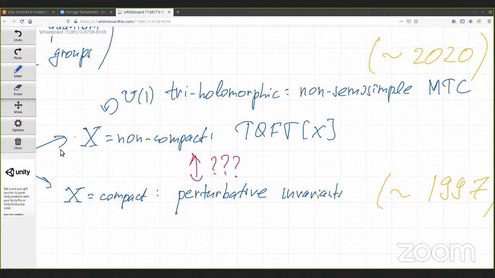I personally don't know, so that's why I put three question marks here. It's a good question. To me, it's not obvious if there is a relation, but it looks completely different because this modern thing gives you a TQFT as a whole, whereas the previous story gives some perturbative expansion in h bar.